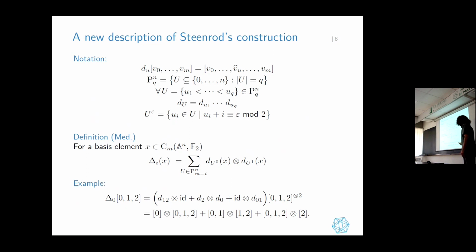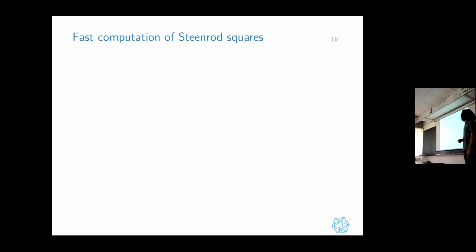And the action that they have is this one, which might be familiar to some people, but this is the actual Alexander-Whitney. Okay, fine. We have this new description. What is it good for? Well, it's good to compute Steenrod squares fast.